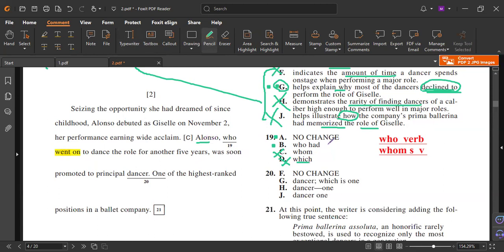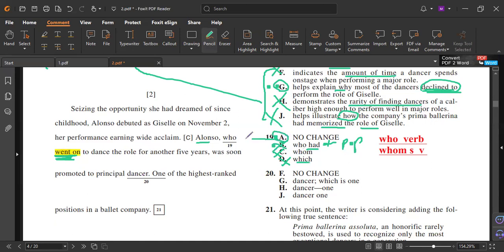Now check. After had, we use past participle. Is that a past participle? After had, we need a past participle. Is that a past participle? No, it's past tense. Past simple tense, the second conjugation of the verb go. After had we need a past participle, so B is wrong.